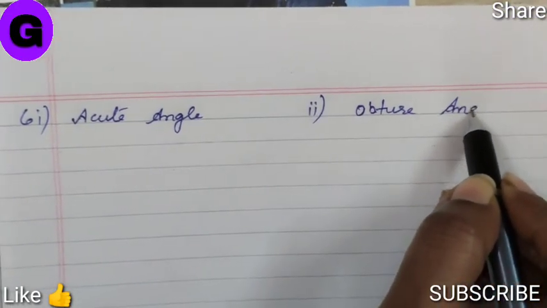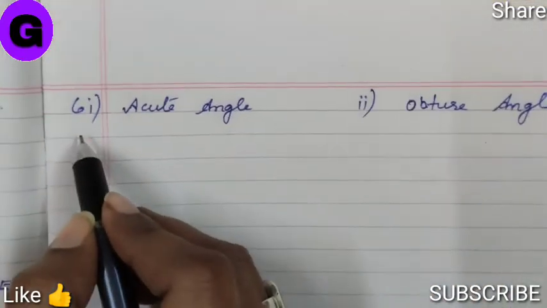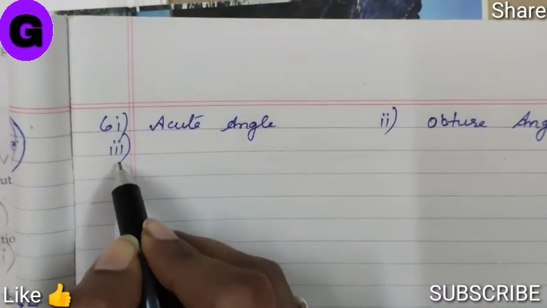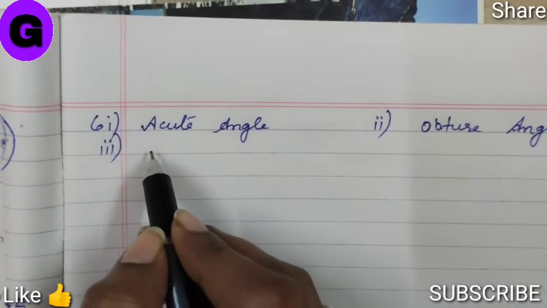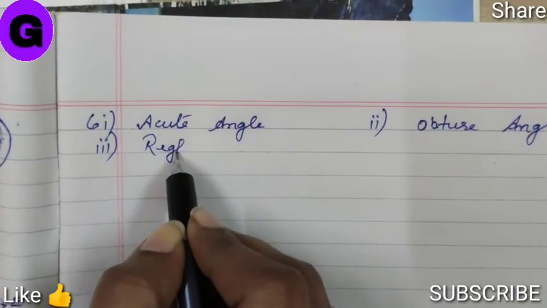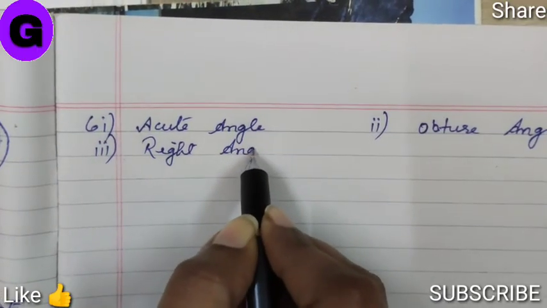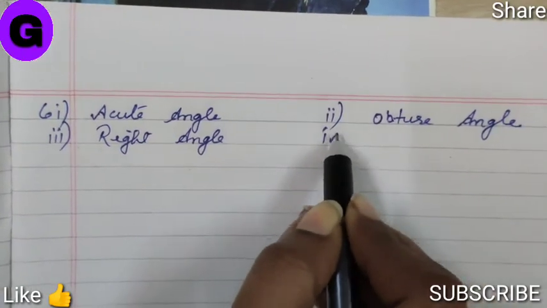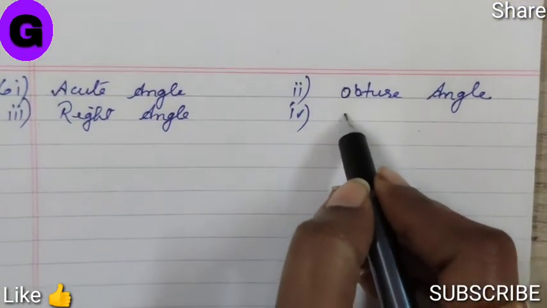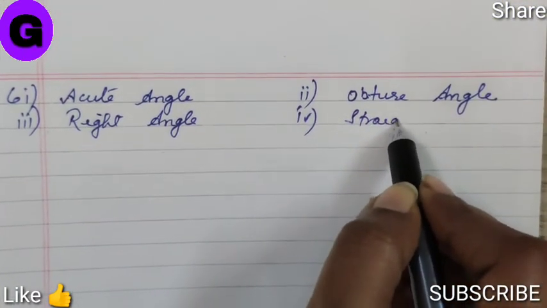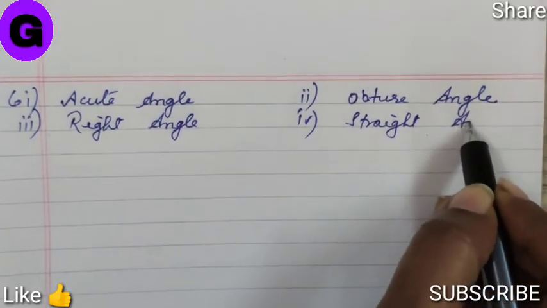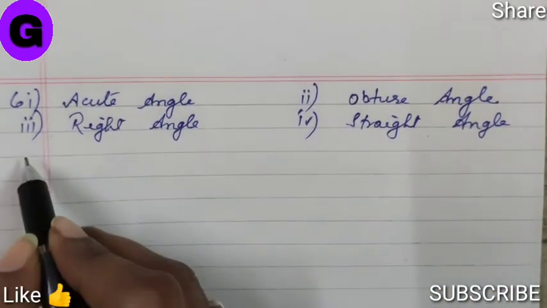Obtuse angle. Number 3. 90 degrees. Right angle. Number 4. 180 degrees. Straight angle.